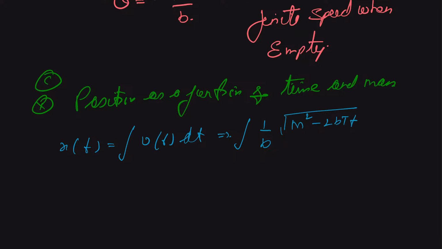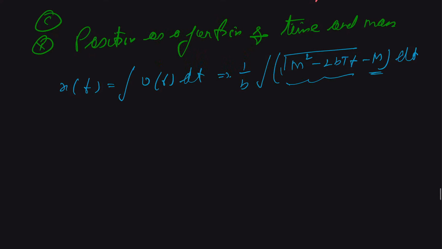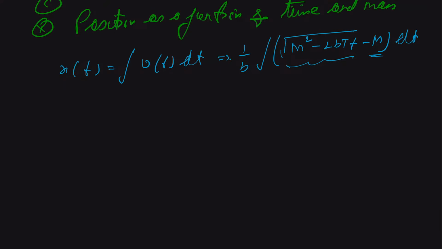Let me take this 1 upon b outside. It is quite a simple integration. The integration of m will be equal to mt. The only typical part will be this one, so we can sort it out separately.